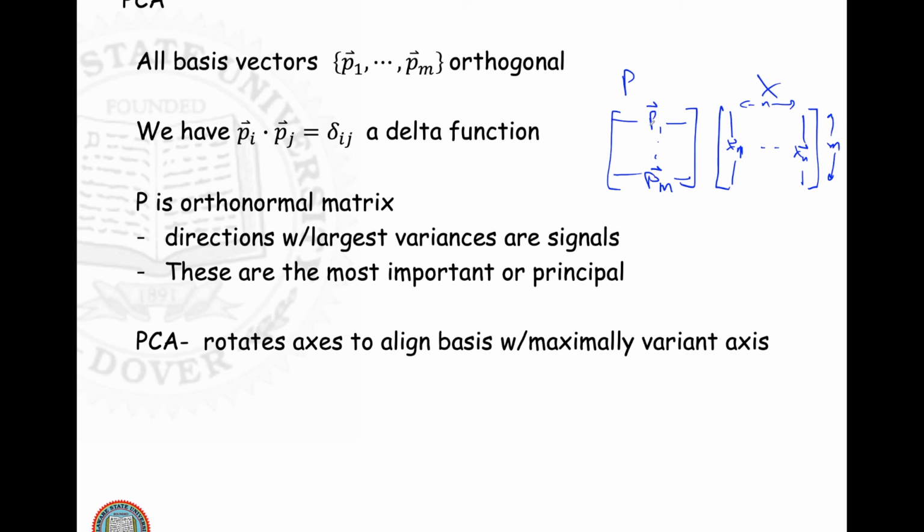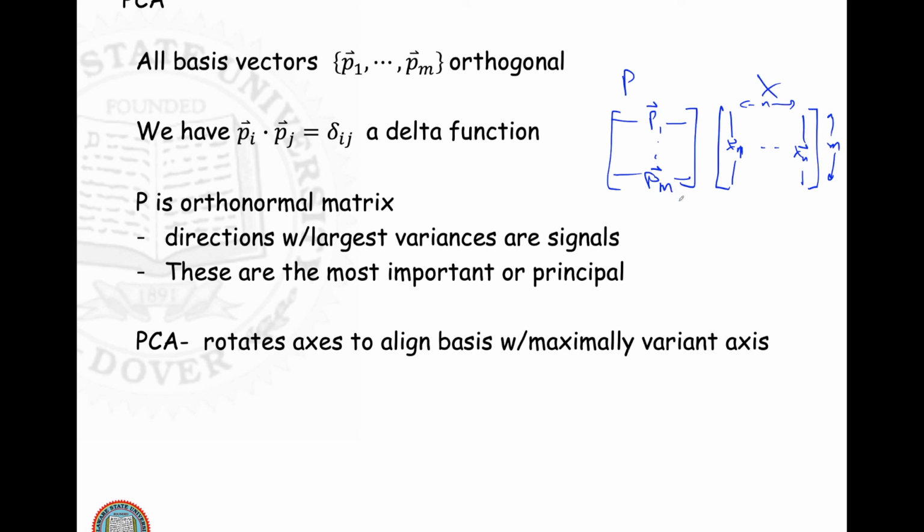And what that means is that if we take the dot product between any two vectors from this P system, they're going to be zero unless you take Pi dotted with Pi. It's a delta function.